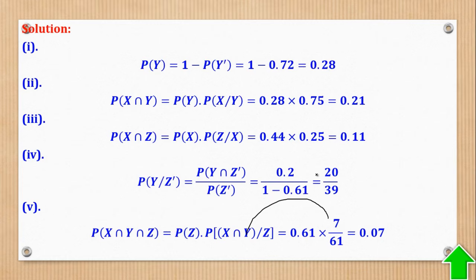And probability of z, we got it from, where's probability of z? Okay, yeah, it was given in the question and it was 0.61. Therefore, when I multiply, I come up with 0.07, and that's what they wanted.